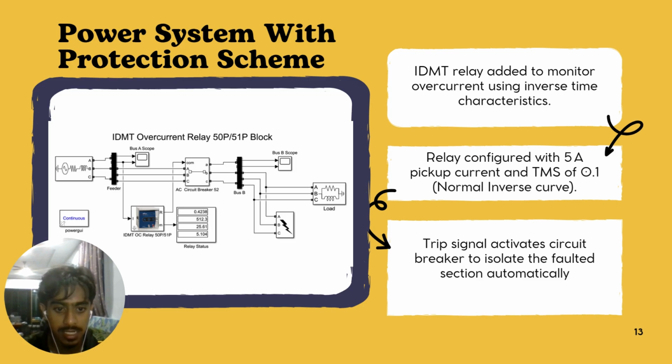Theoretically, the trip signal activates the circuit breaker to isolate the faulted section automatically during the fault, which we set at 0.2 seconds. So this is with the protection scheme.